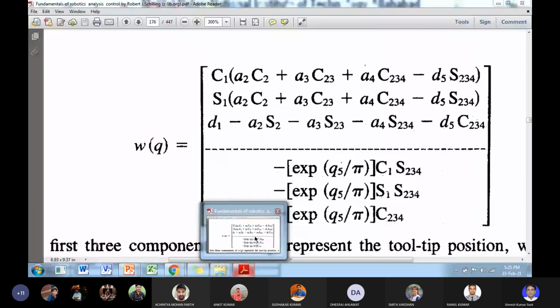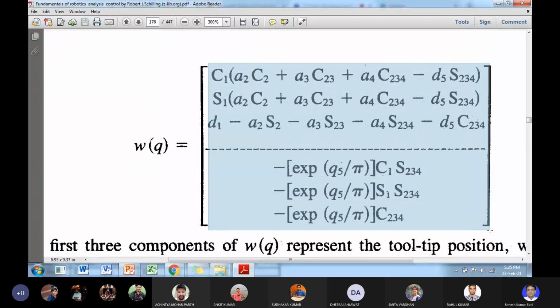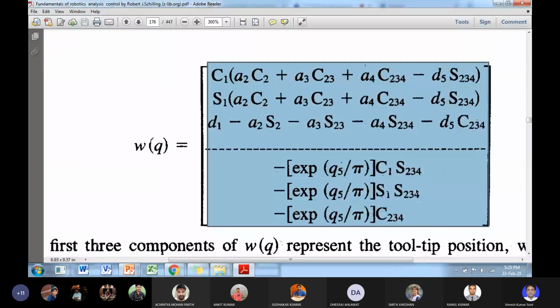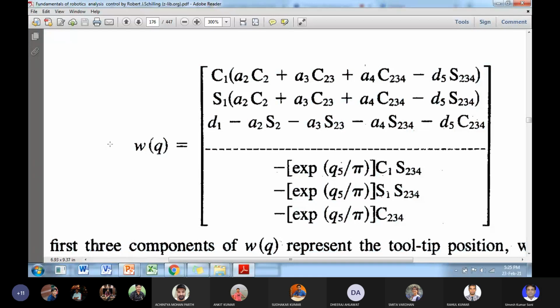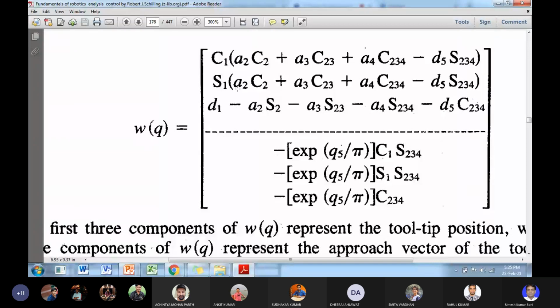You first do the partial derivative of this vector with respect to theta 1. You determine what will be the vector again after differentiating it with respect to theta 1. You know here that C1 means cos theta 1, and C2 is cos theta 2.